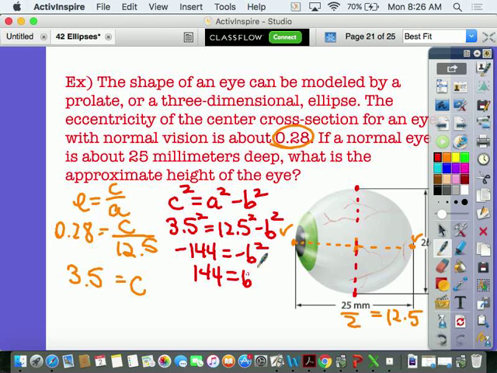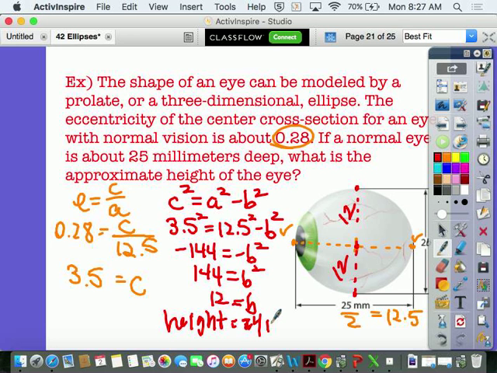Divide by a negative 1, and I get 144 equals B squared. So B equals 12. So the distance from your center to one of your co-vertices is 12. So you double it to get the height of your eye, which is 24. And we're going to use our units, so 24 millimeters. All right?